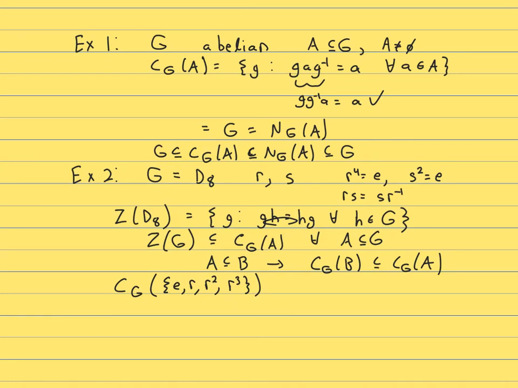Well, our relationship right here tells us that S is not going to commute with R. And so what are our remaining group elements? We have S, SR, SR squared, and SR cubed. So we've already ruled out S as an element. Similarly, we should probably be able to rule out these other ones.